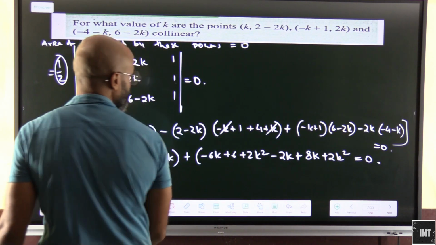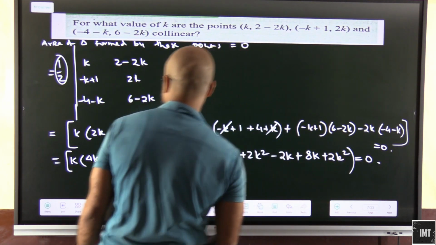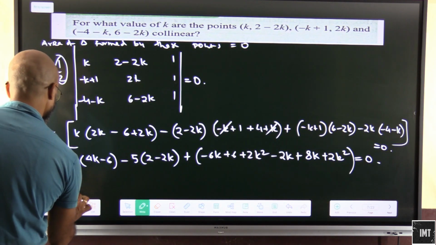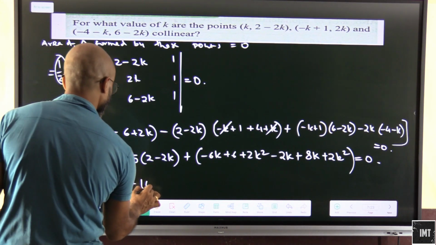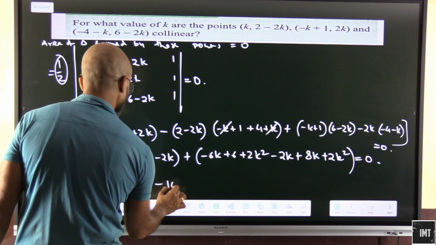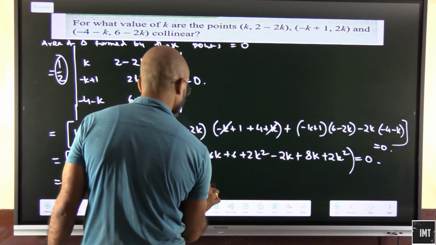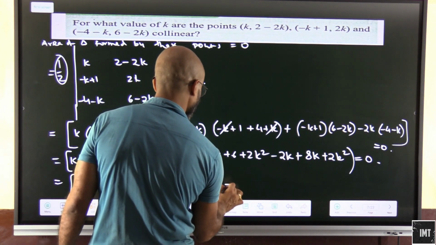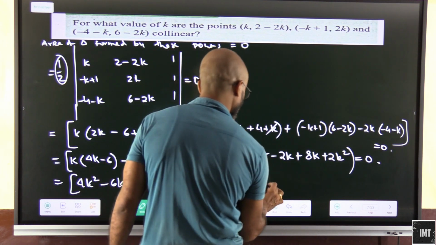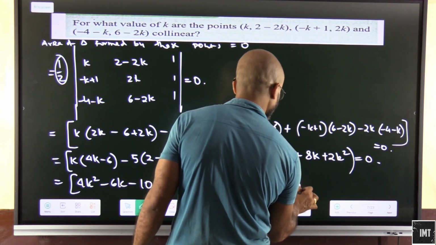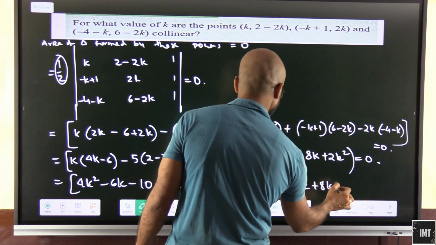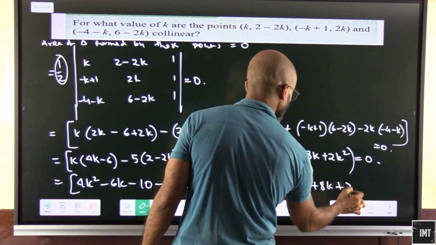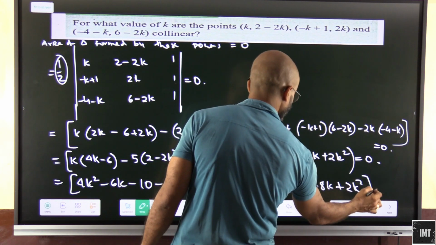So here we have 4k square minus 6k minus 10 minus 10k minus 6k plus 6 plus 2k square minus 2k plus 8k plus 2k square. This happens to be 0.